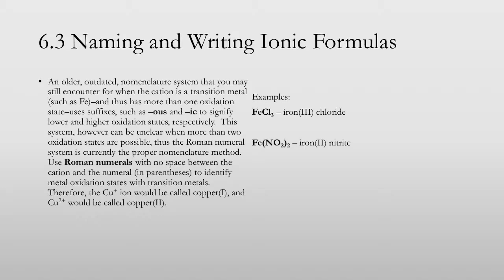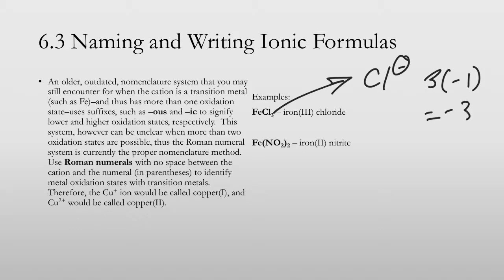So if we're naming these compounds, I've already got the names there for you. FeCl3 is iron 3 chloride. We know that because chlorine is not a transition metal and it's always a -1. So if we have 3 times -1, that's going to be a -3 overall charge.